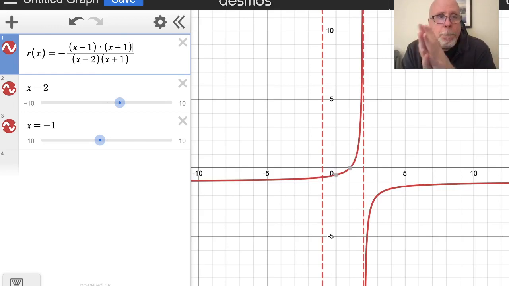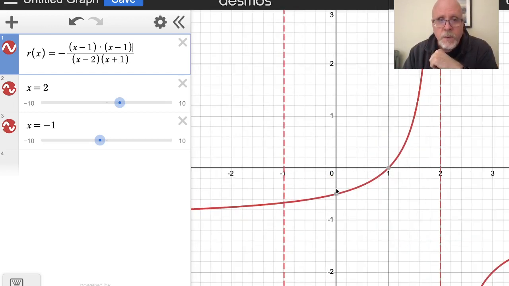Well, what's the domain of this? Right now I would say we can cancel off the x plus 1s and get a much simpler looking expression, and that's true, but the domain computation is made before you do that cancellation. So x equals -1 is a problem spot on this graph. It's a place where it is not defined. Let's zoom in here a little bit.